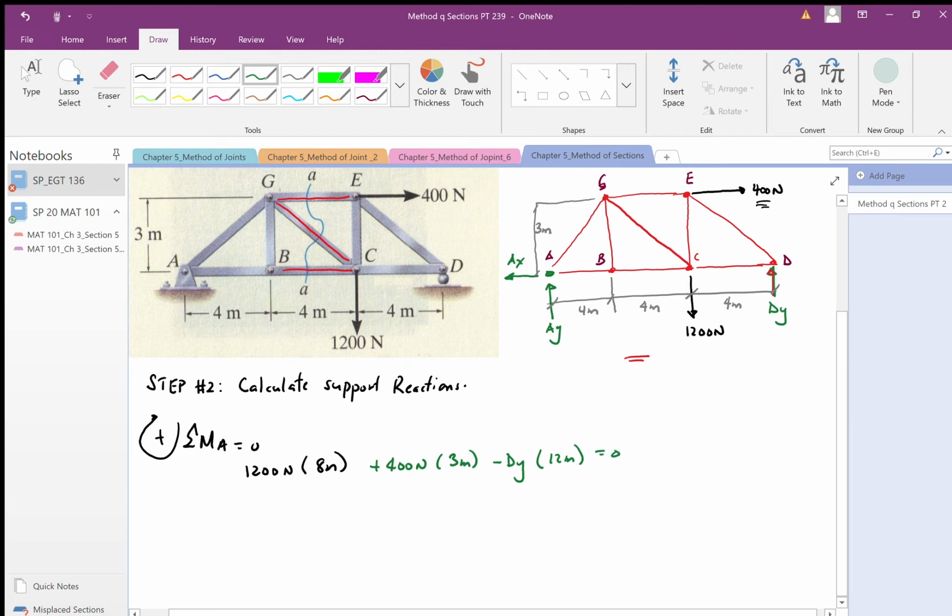So our Dy, you do the math, it's going to be 900 newtons.